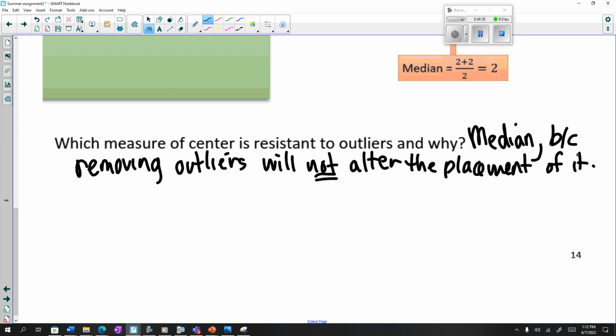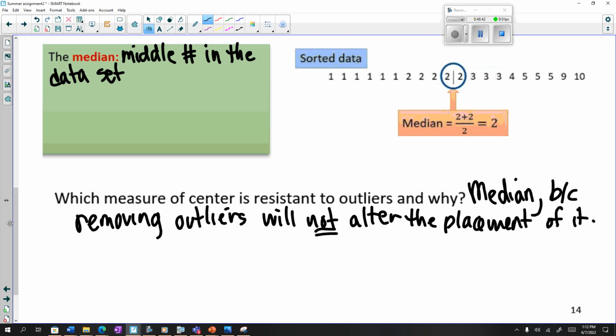Now, we said before the median is the middle number. Okay? There is a way of finding the median. There's a formula that we can do instead of crossing out one, one, one, one like we did before and finding the one in the middle. The formula is take the sample size, which we'll call n, and do n plus 1 divided by 2, where n is the sample size.